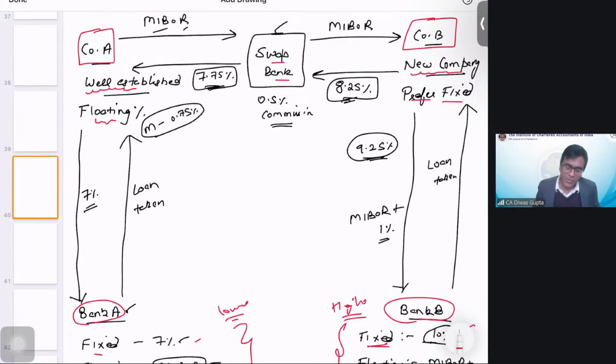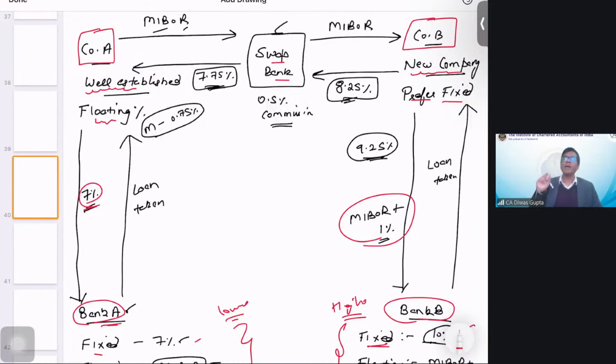Swap bank instructs Company A to go and borrow in fixed with Bank A, and end up paying 7% of that loan amount to Bank A. Swap bank also tells Company B to borrow at MIBOR plus 1%, which is floating, from Bank B, and keep on paying this interest rate to Bank B.